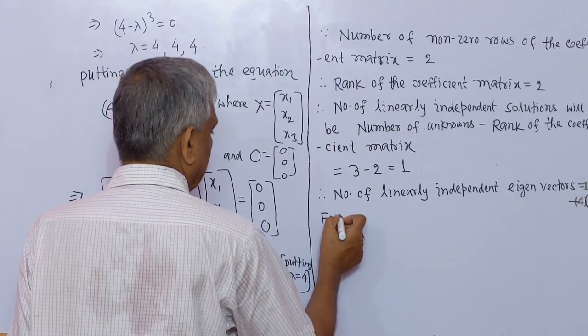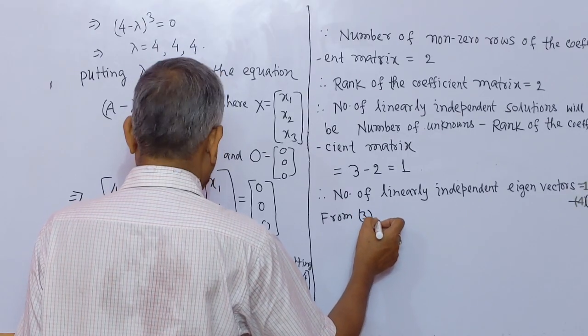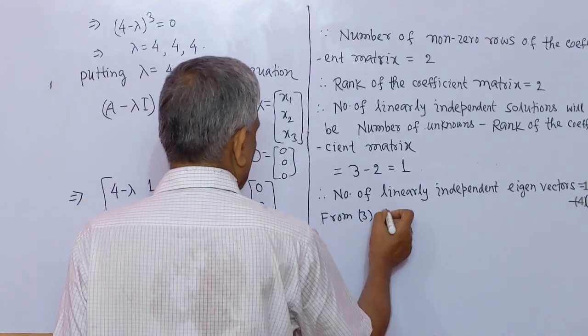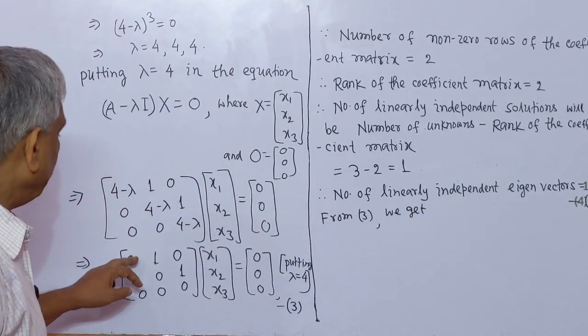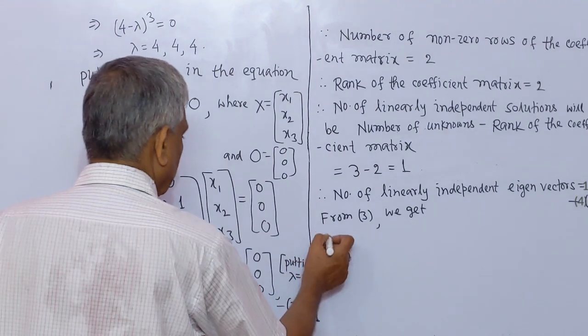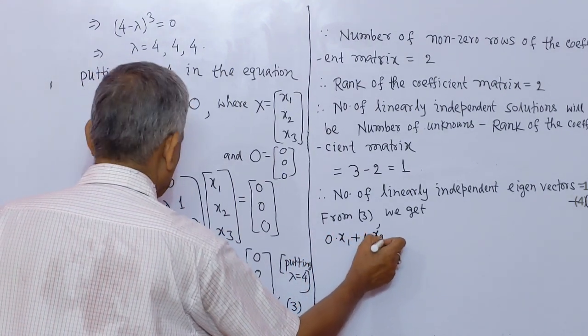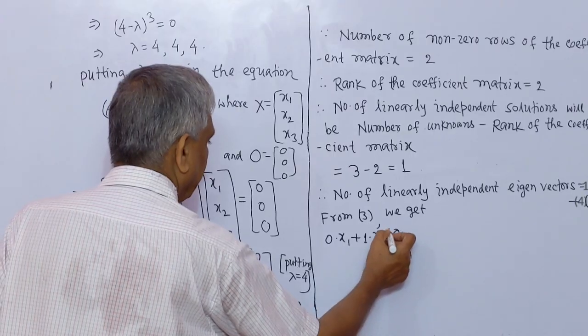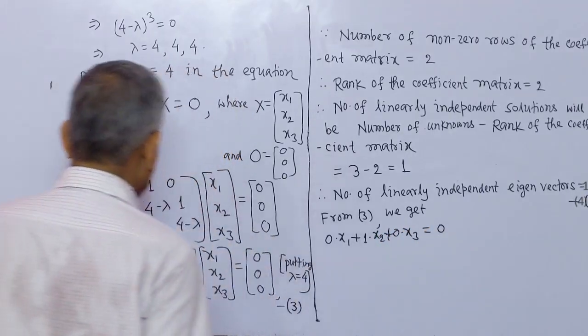From 3, we get, multiplying first row, first column, 0 times x1 plus 1 times x2 plus 0 times x3 equals 0.